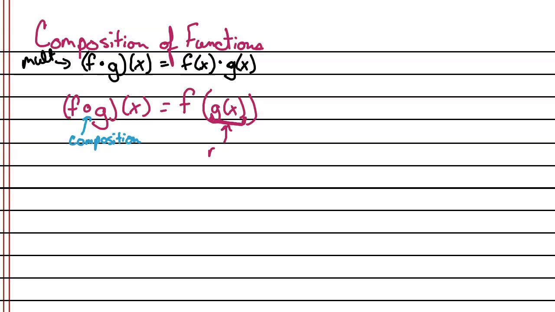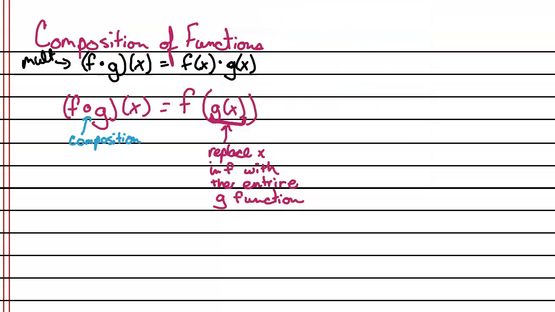So I'm going to replace the x in f with the entire g function. And so you're always going to replace the x in the first function with the entire second function.